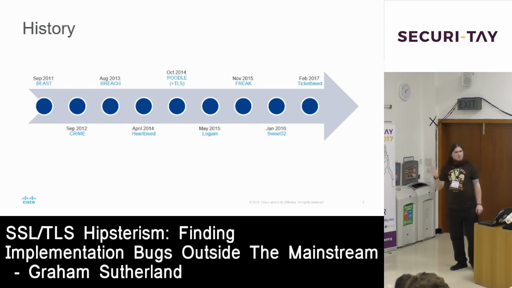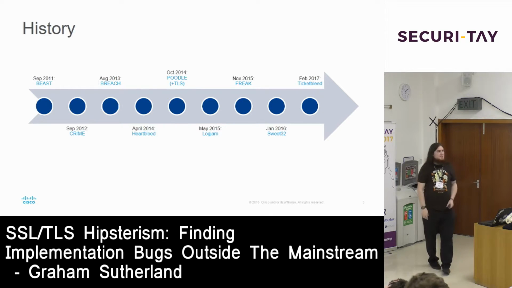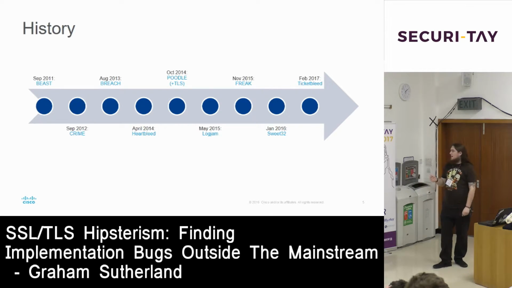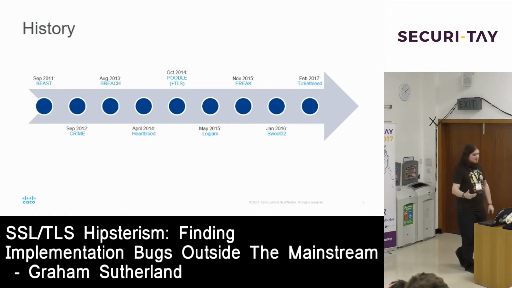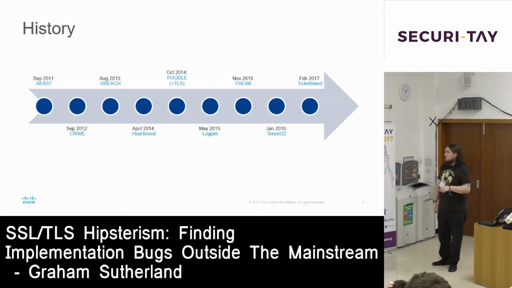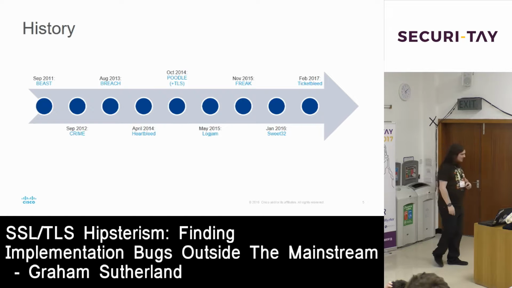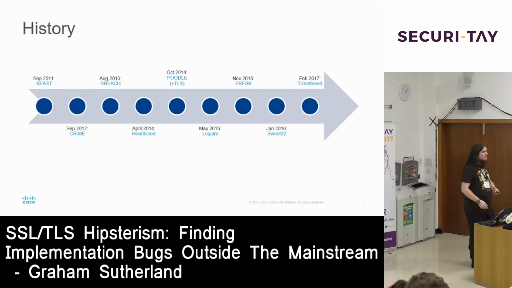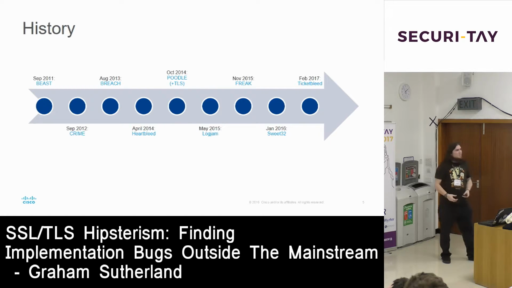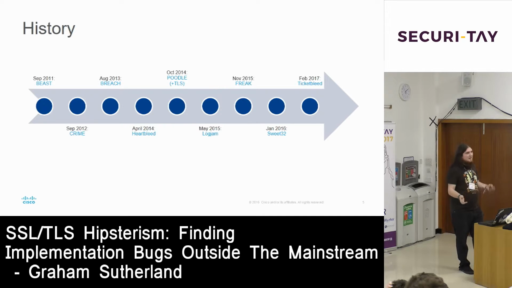Then we got Logjam, which was very interesting because there was all sorts of fun nation-state stuff around that. And then FREAK, Suite 32, we're seeing quite a few SSL vulnerabilities. I was having a chat with somebody earlier in the bar, and was saying, it seems like there's been a lot of these SSL and TLS vulnerabilities that just popped up out of the middle of nowhere in the last 5, 6, 7 years.